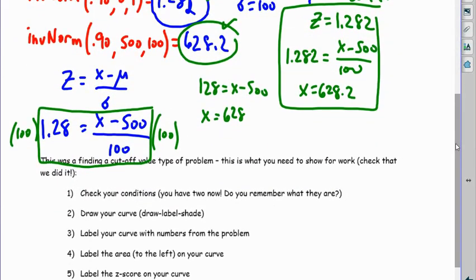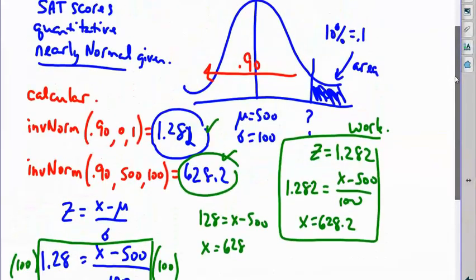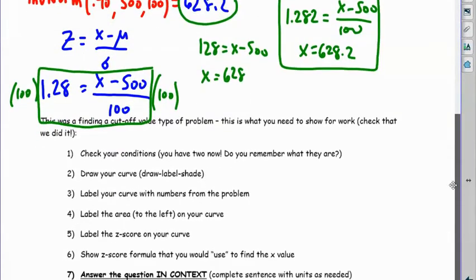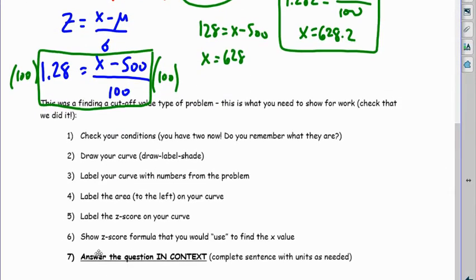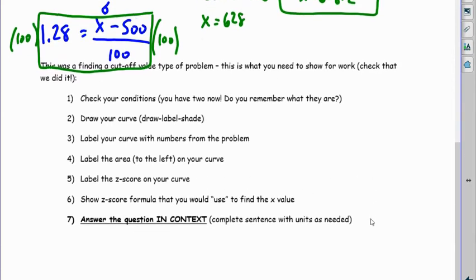But let's see, we checked our conditions, we drew our curve, we labeled our curve, we never labeled the z-scores on our curve. There. And we never wrote a sentence either. So, yeah, show your z-score formula that you would use, quote unquote, to find your x value, and then answer this question in context. So I will write a sentence.